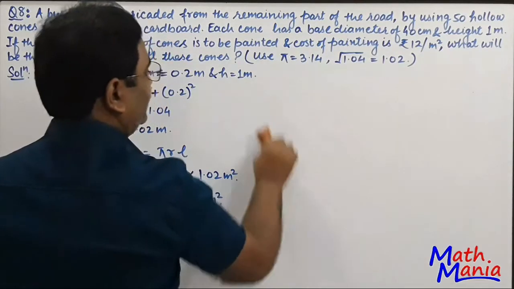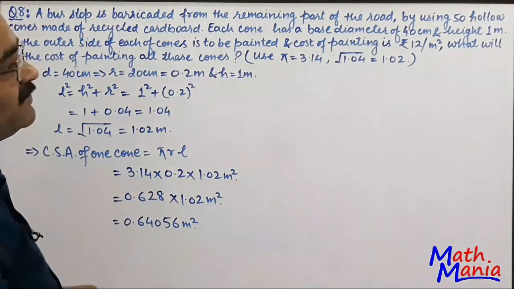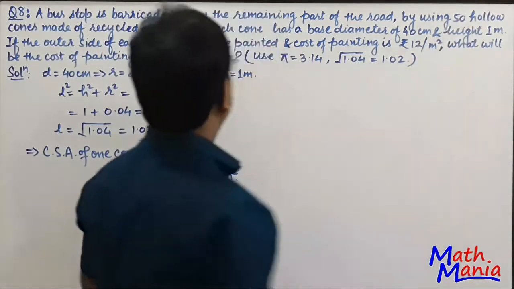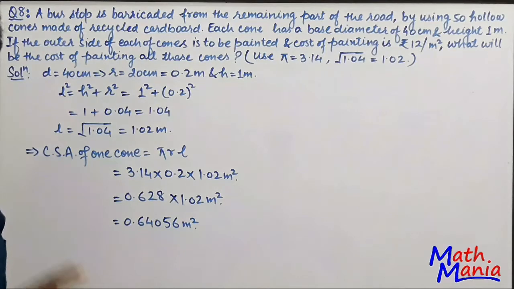So after getting the curved surface area of one cone, as 50 hollow cones are used for the barricade, we need to find the surface area which is going to be painted of 50 hollow cones.